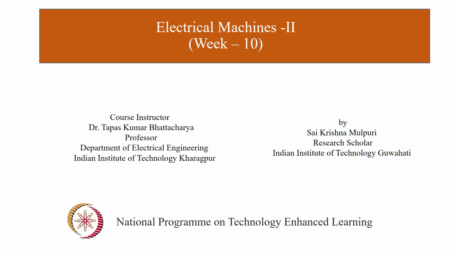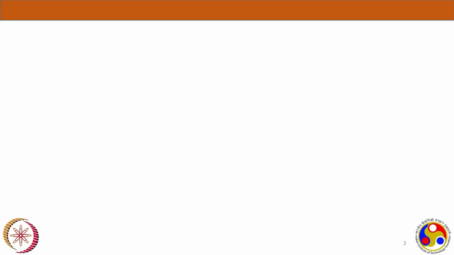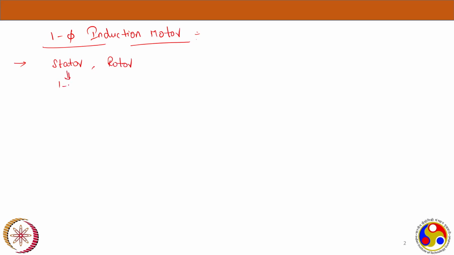Now let's start with our discussion for today, the concepts on the single phase induction motor. As I said, stator and rotor will be there. The stator has this single phase winding wound on it, and the rotor in general is a cage rotor.